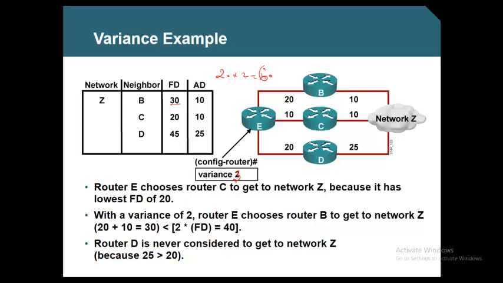You got it? That is the meaning of here saying 25 is more than 20, meaning it is not a feasible successor. It cannot be seen in the topology table. So via router D, path is never considered. You got the answer?